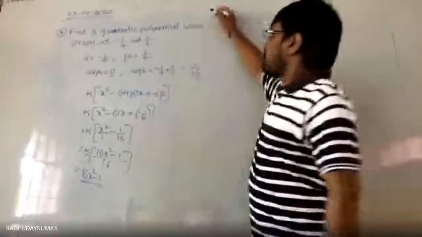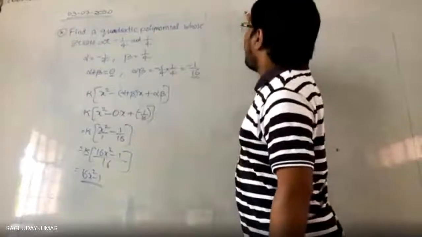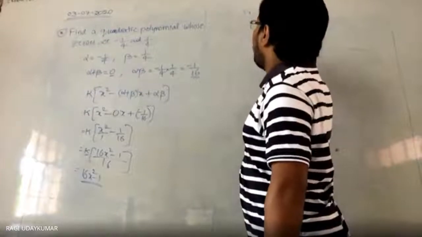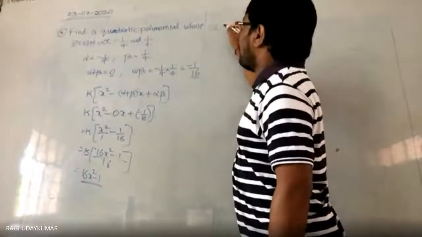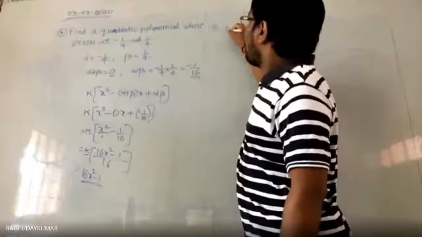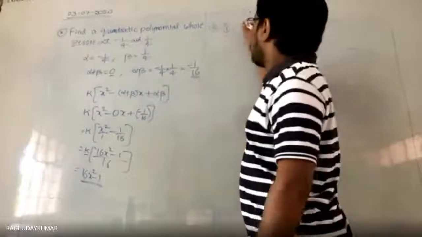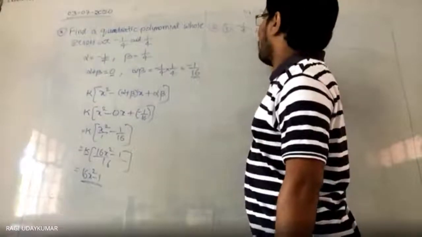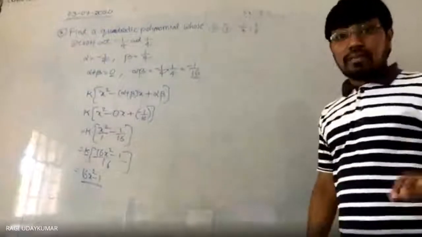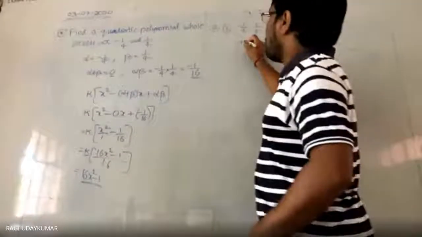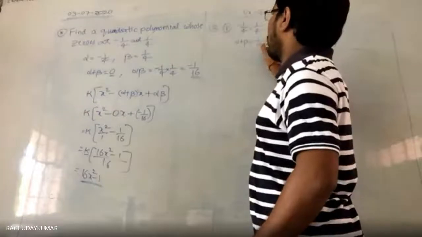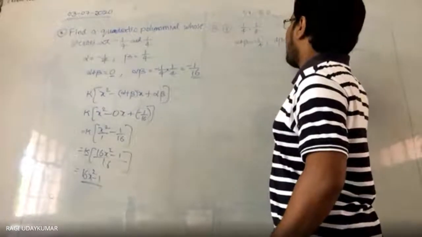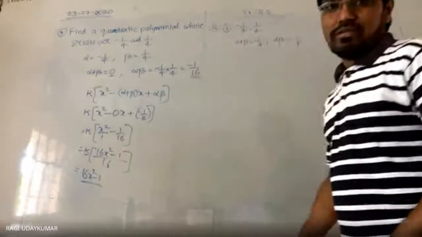But the same question in the exercise, in your exercise 2.2, second bit, fifth problem, if you see that, here it is given -1/4 and 1/4. What is this one? Sum of the zeros. So alpha plus beta is equal to -1/4. Alpha beta is equal to plus 1/4.